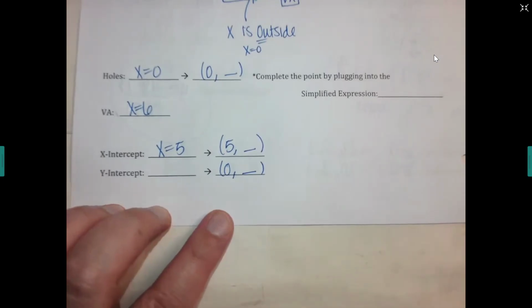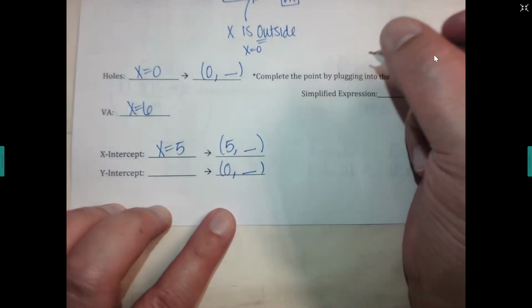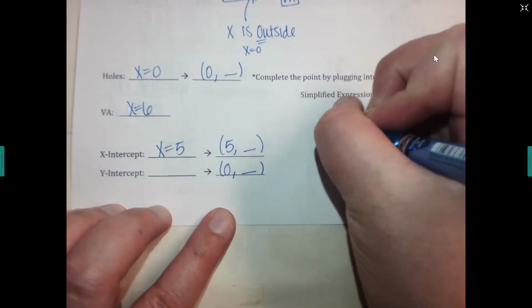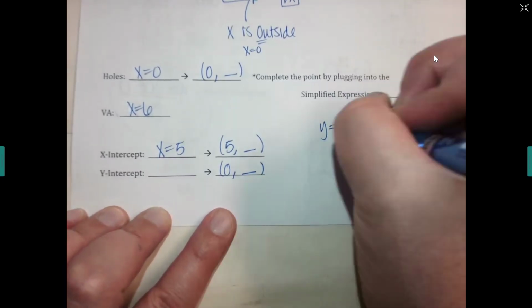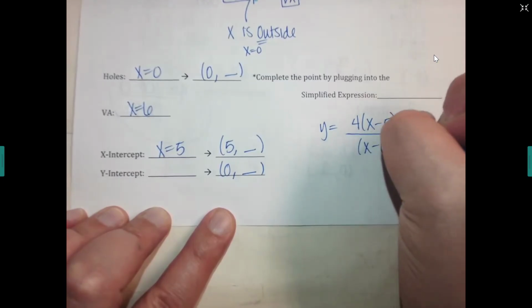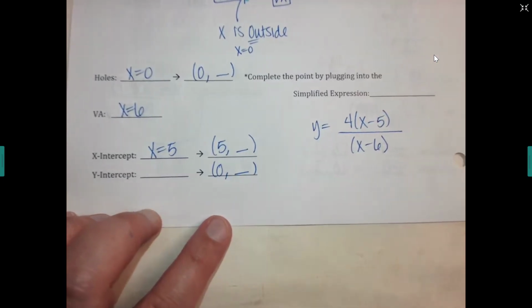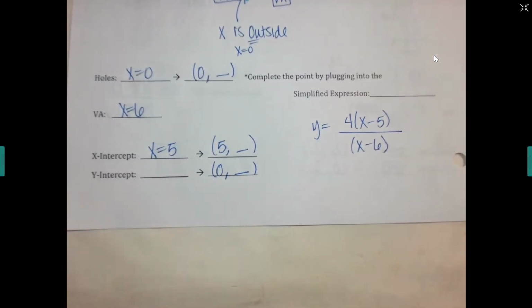When you type into your calculator, remember you're only putting the parts that didn't cross out. So that would be y equals in the calculator a 4x minus 5 on top and an x minus 6 on bottom. Okay, but you wouldn't put the x's outside because they crossed each other out.